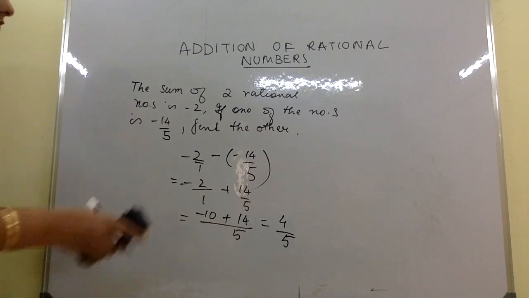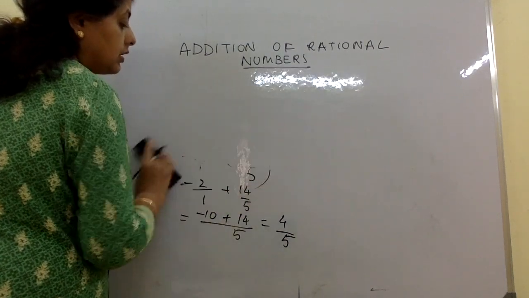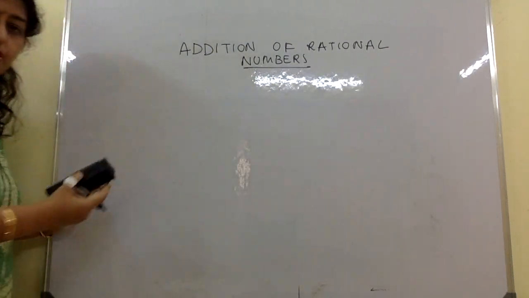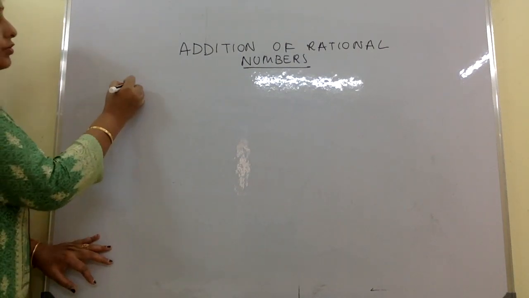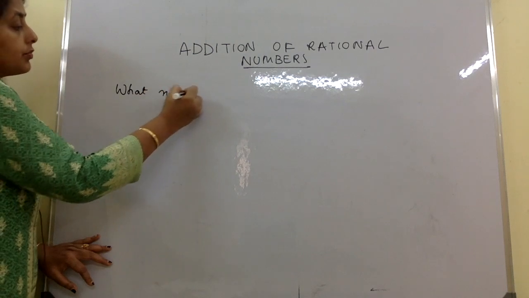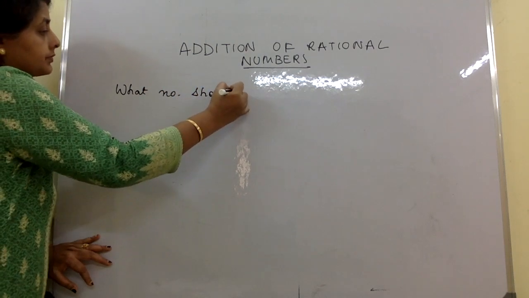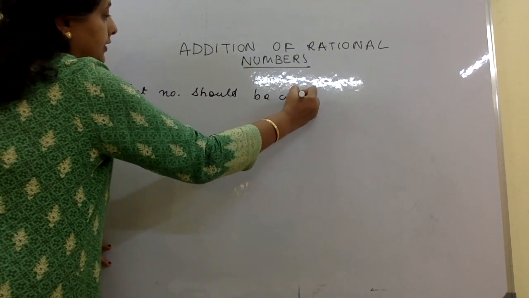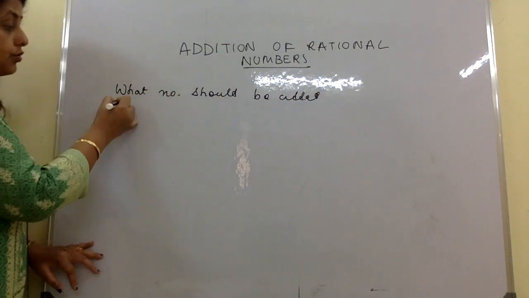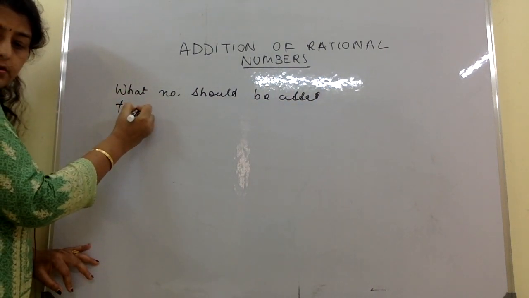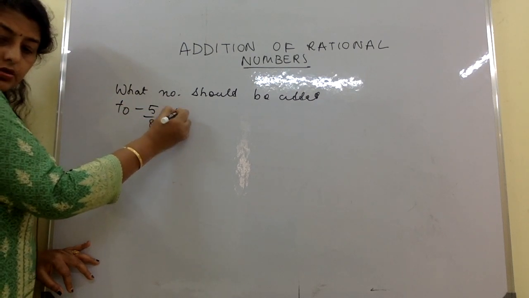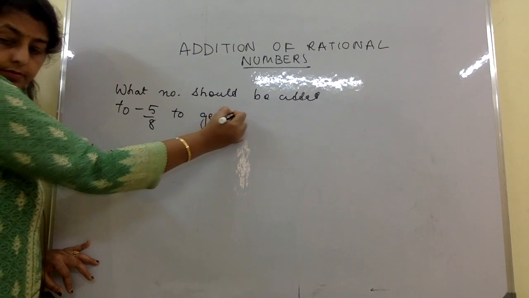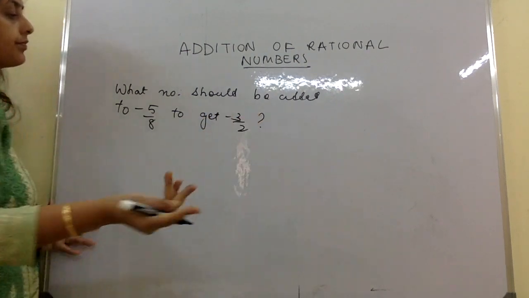Okay. So now let me take down another. These come as a little bit of a problem sum. So another one: what number should be added to minus 5 by 8 to get minus 3 by 2?